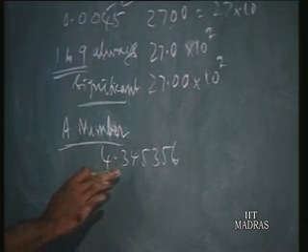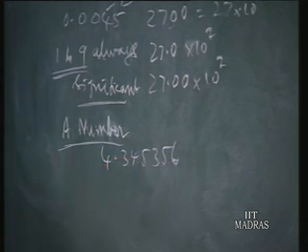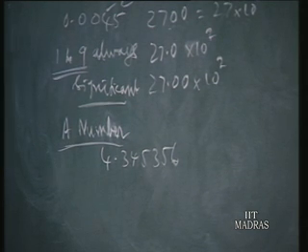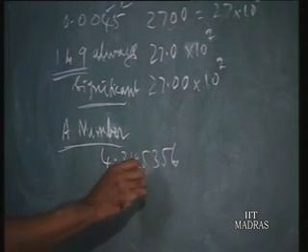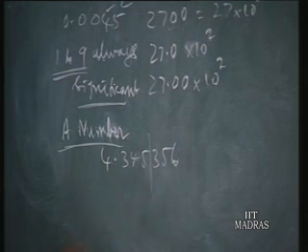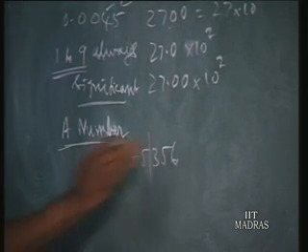There are 1, 2, 3, 4, 5, 6 decimal places in this number. Suppose instead of 6, it is sufficient if I have only the third decimal place. Then how to do the rounding off? There is a particular rule. Look at the number that is being discarded.